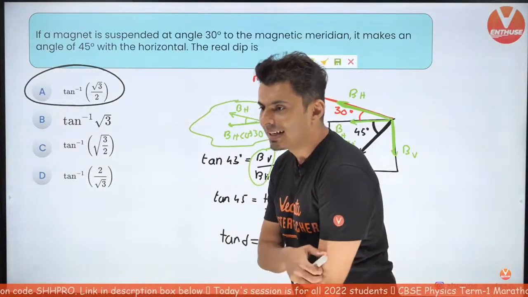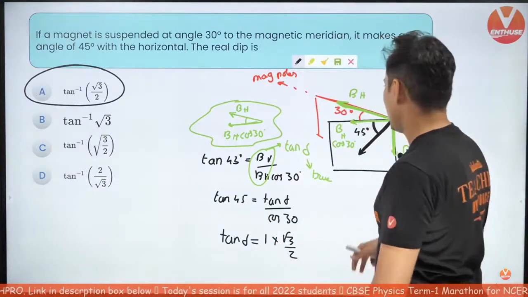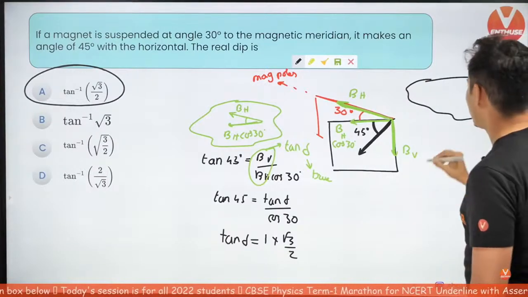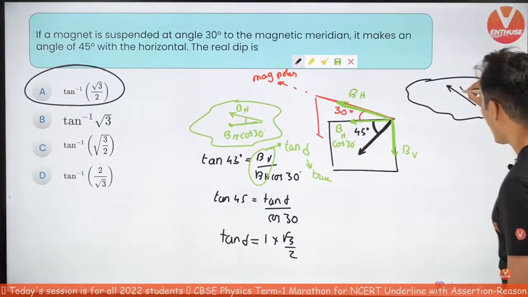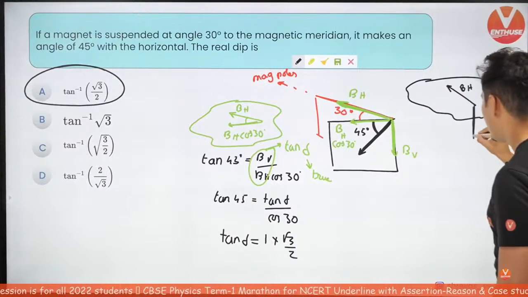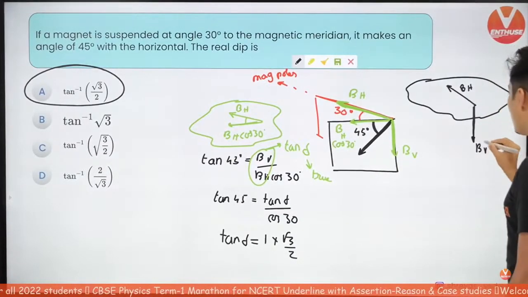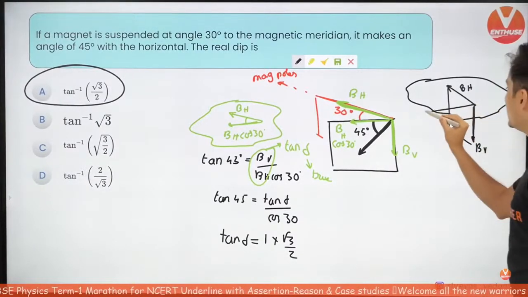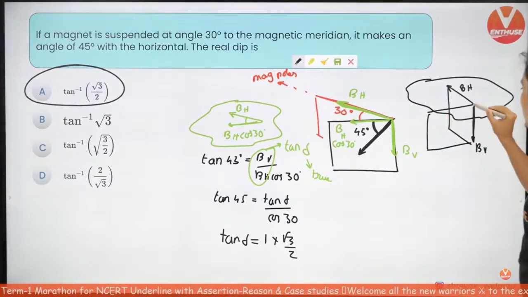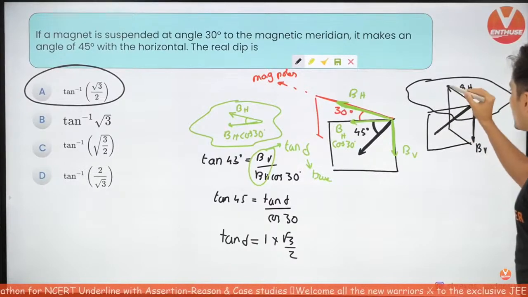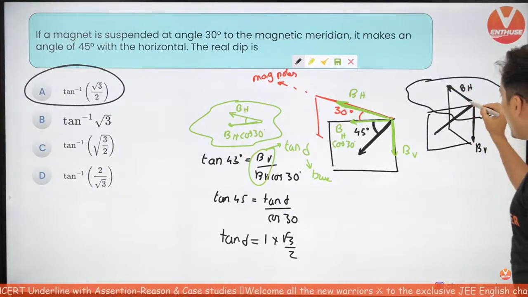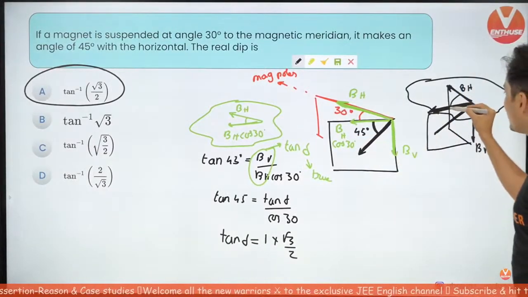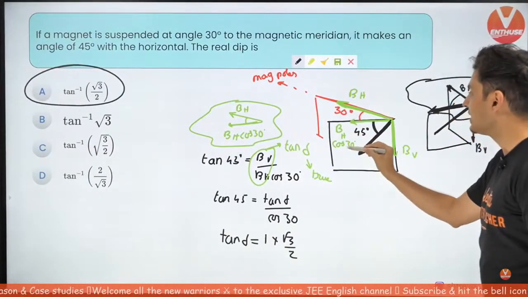Is that okay? See, what has happened is, in that horizontal plane, try to understand this, there is Earth's horizontal component and there is a vertical component. But the needle is not in that plane. The needle itself is in some other plane. So this BH component is what I have chosen. So the component of BH will be BH cos 30.